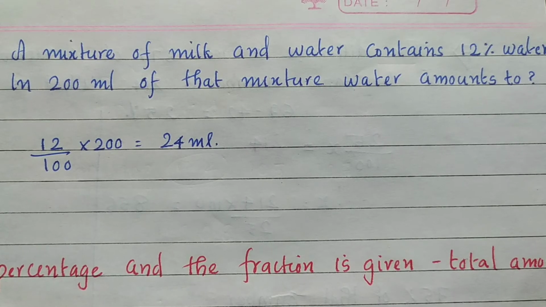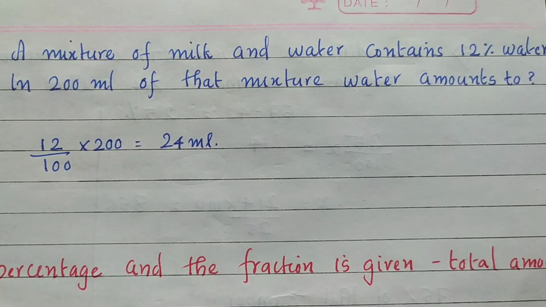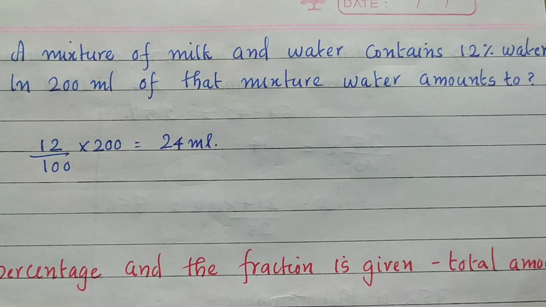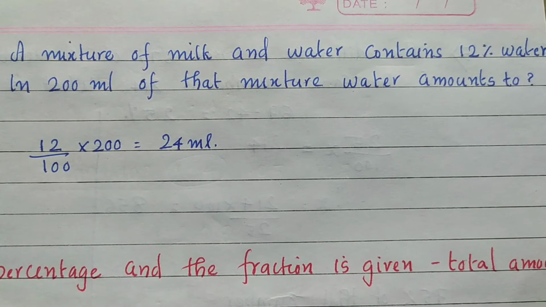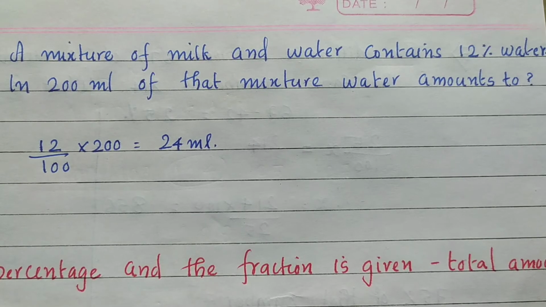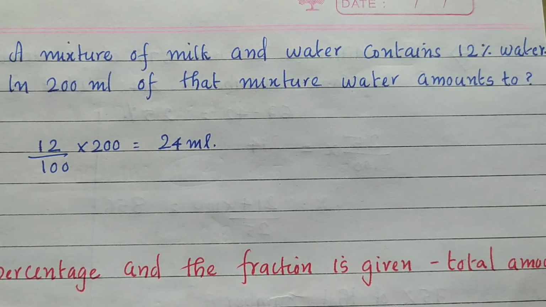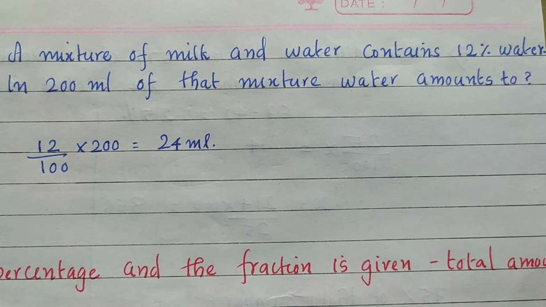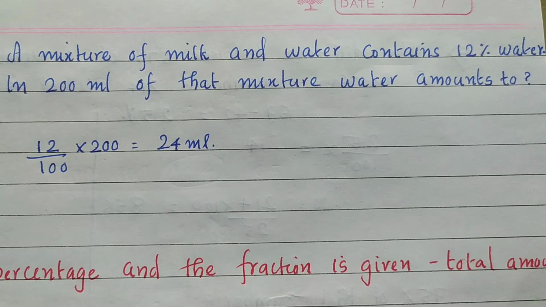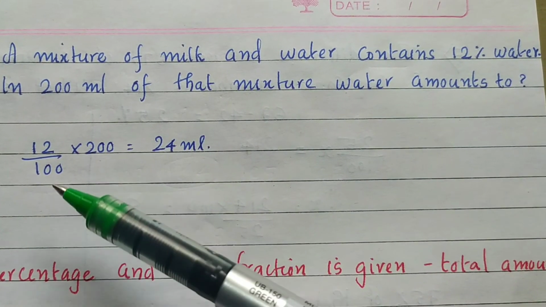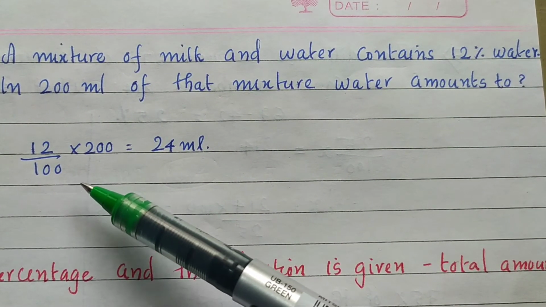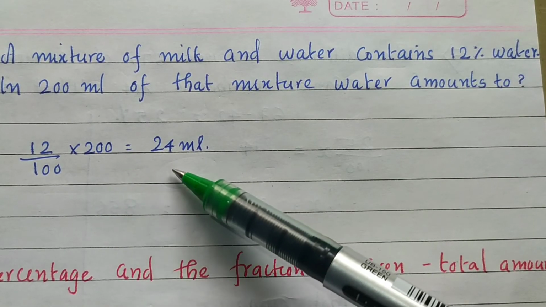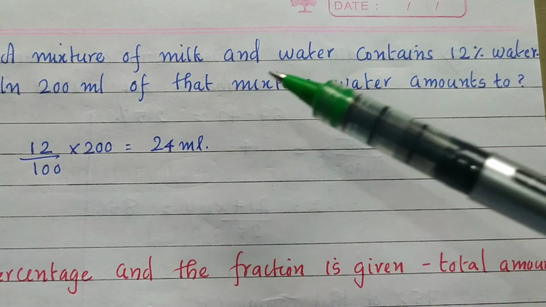So if we take 200 milliliter of that mixture, how much water will be there? That is the question. So it is simple how to convert percentage into original number. We have to divide it by 100 and multiply it with the total amount. 12 divided by 100 into 200, which is equal to 24 milliliter.